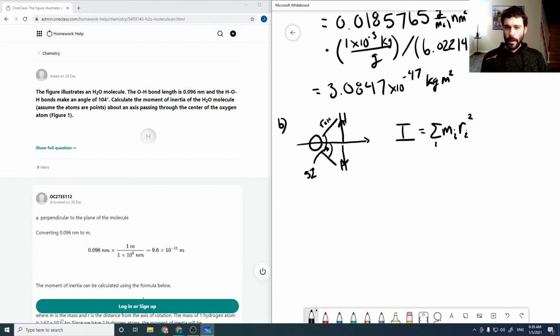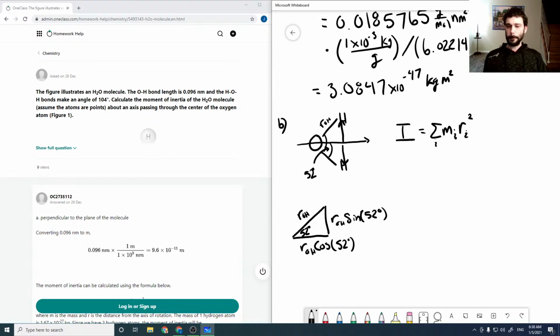So I'm just going to redraw the triangle that I've got here. This would be ROH, this would be 52 degrees, and so this side would be ROH cos of 52 degrees, and this would be ROH sine of 52 degrees.